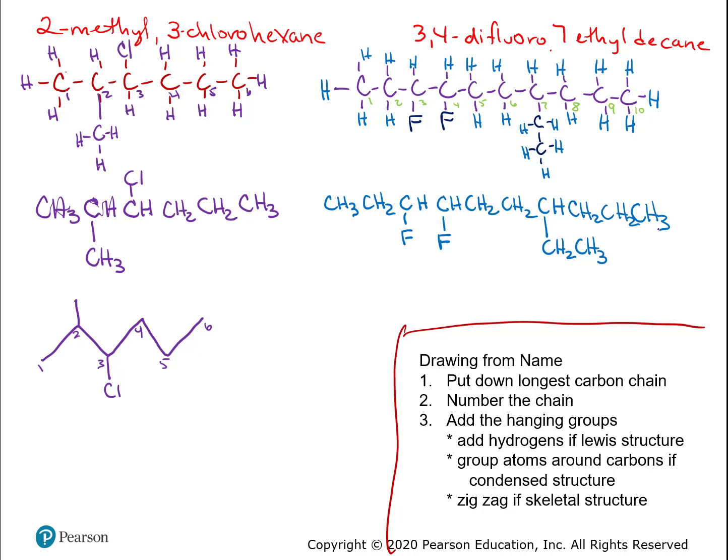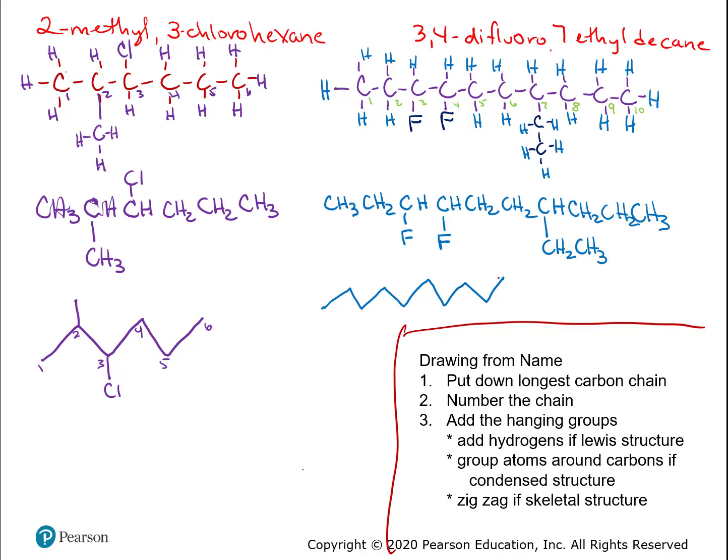Zigzag, skeletal structure, how many lines? 9, right? So if I put my pen down, where I put it down, that's carbon number 1. So this is 1, 2, 3, 4, 5, 6, 7, 8, 9, 10. See how easy that is? Especially when it's big, when you got 10 carbons, like done.